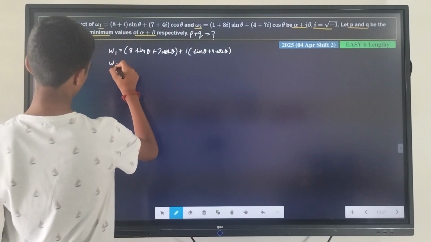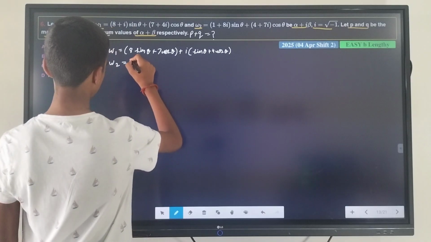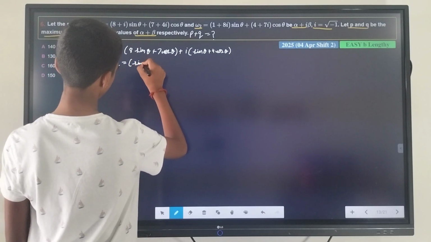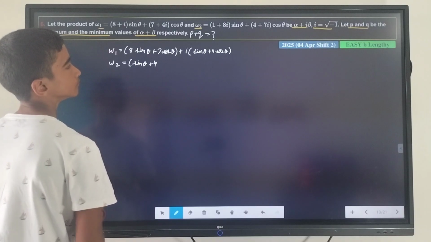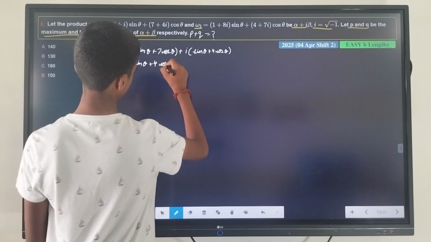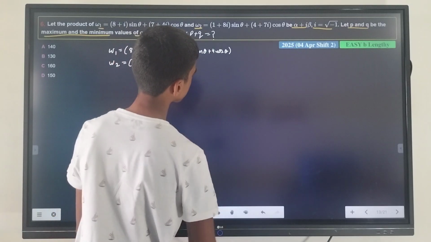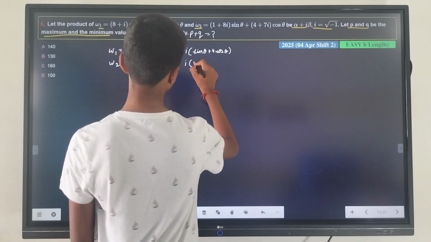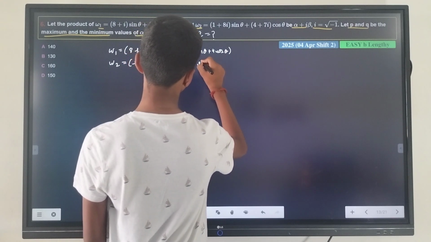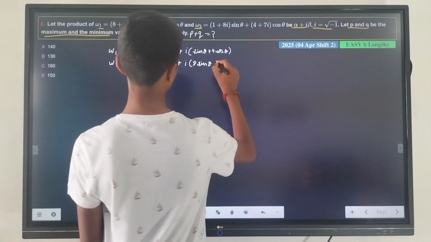Now omega 2 is equal to sine theta plus 4 cos theta plus iota 8 sine theta plus 7 cos theta.